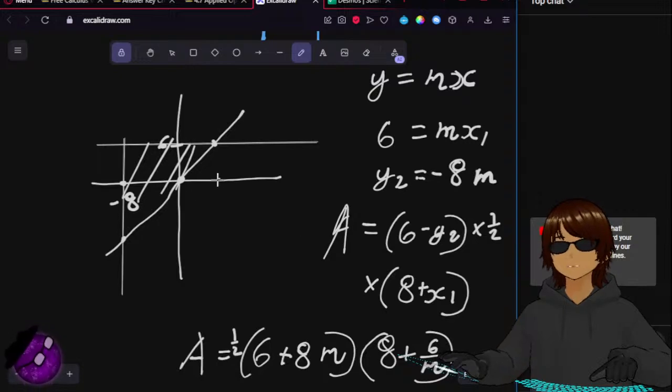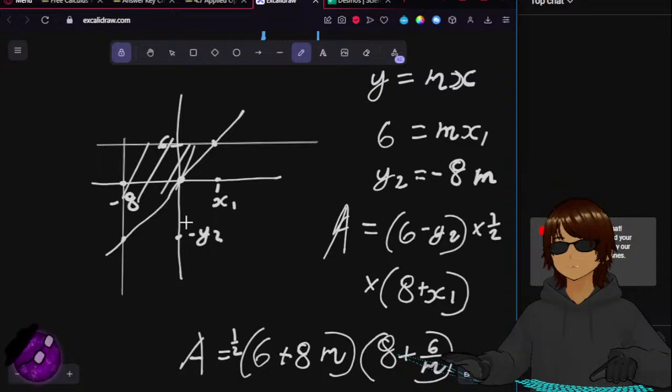I'll just mark x1 here, x1 and y2. So 8 plus x1, 6.